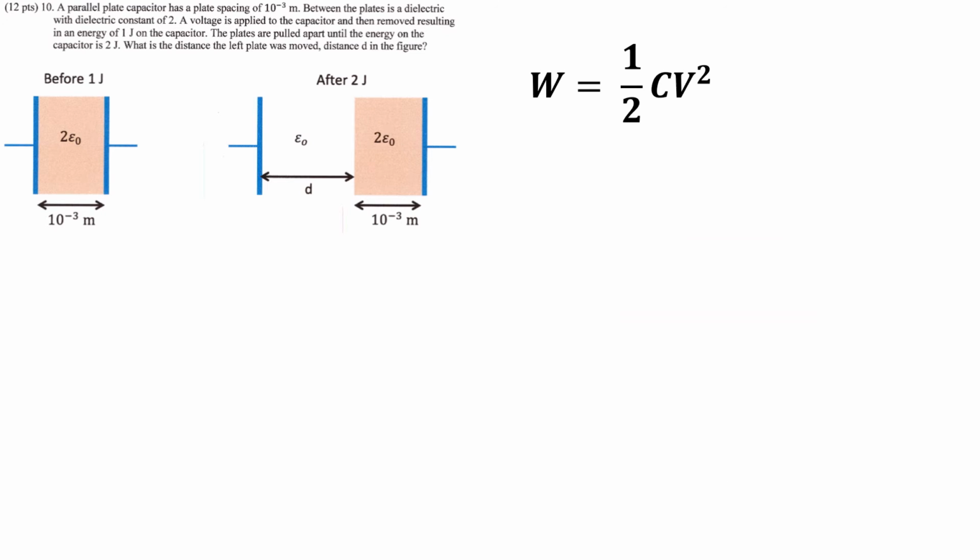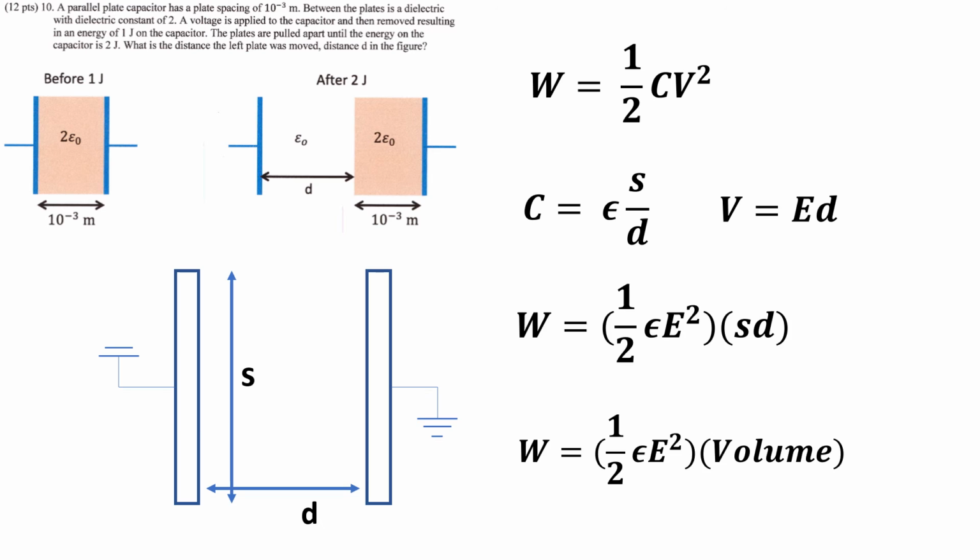We also know that work is 1/2 CV squared, and the capacitance for a plate is the permittivity multiplied by the plate area divided by the distance between the plates, and the voltage is the electric field multiplied by the distance between the plates.